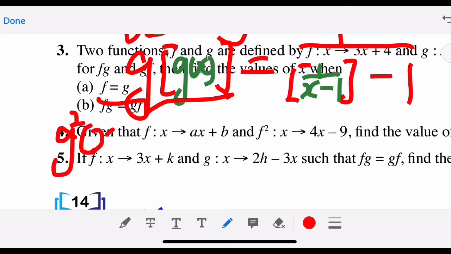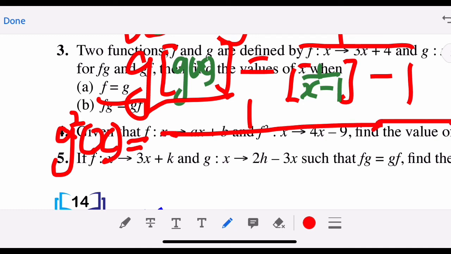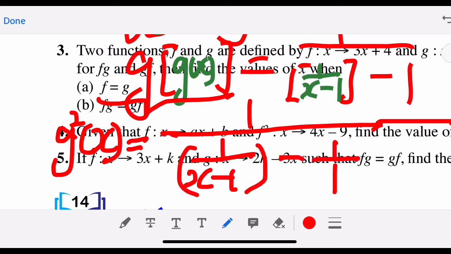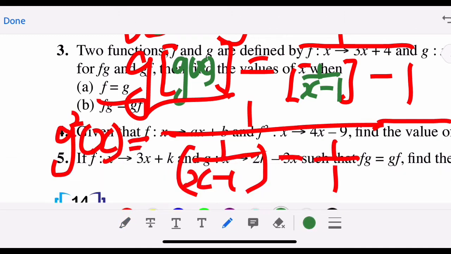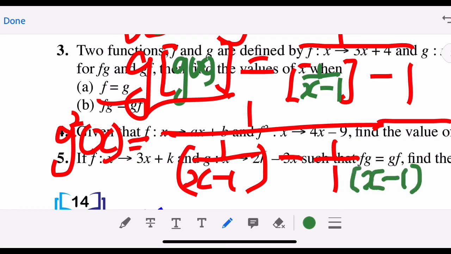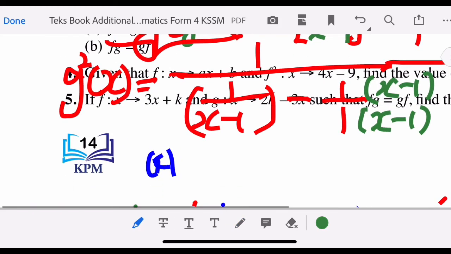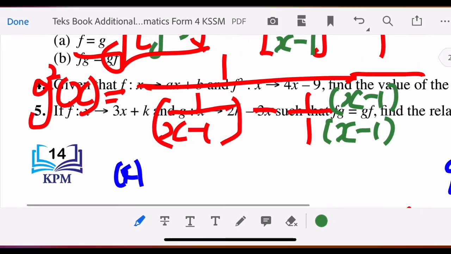You can write g2x as 1 over, make it longer, 1 over x minus 1, and 1 over 1. Now you need to join them because you have a fraction. When you have a fraction and a number, you will want to join them. You have to multiply by the same denominator. Okay, now you understand.